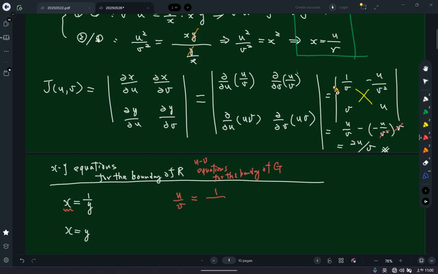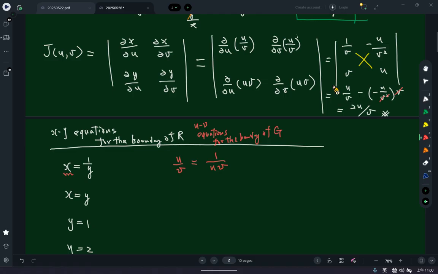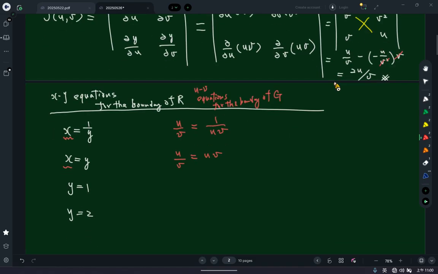So we will have uv. Right? Similarly, for S is equal to Y. So when we encounter X, it will be u over v, then equal to uv. Then finally, Y is equal to 1, uv is equal to 1, and uv is equal to 2.